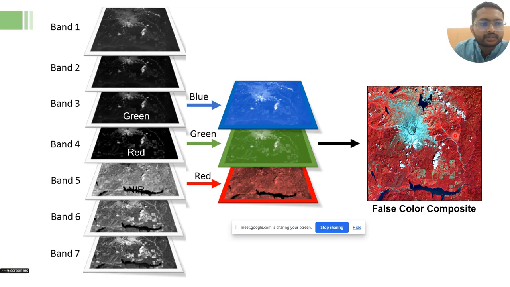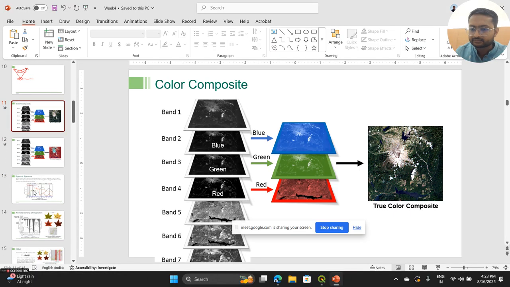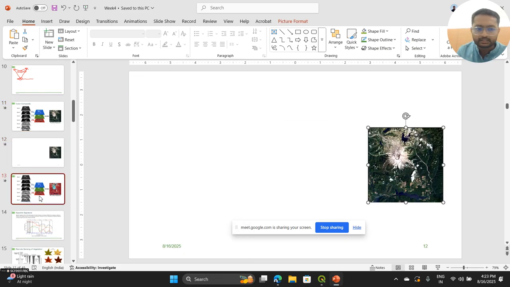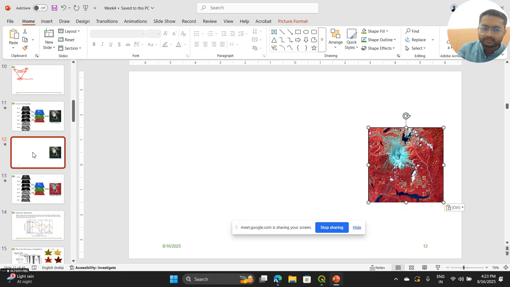That's a good question. So here you can see, if we take the earlier image and this image, let's check it out. We have this image which is the true color composite and this is the false color composite.